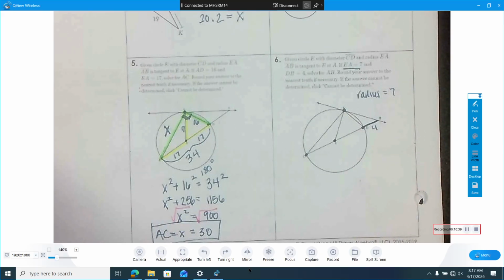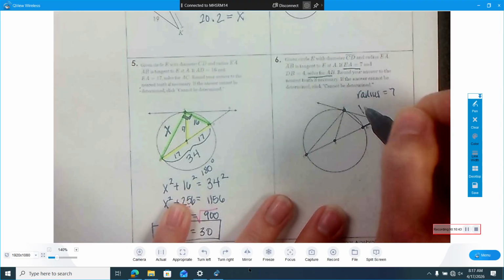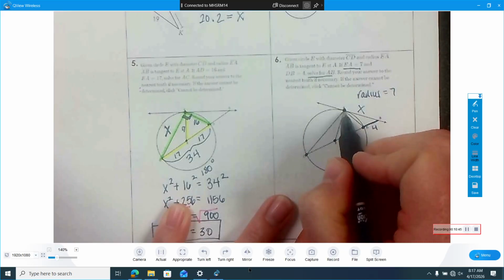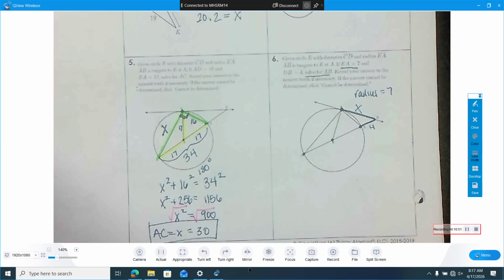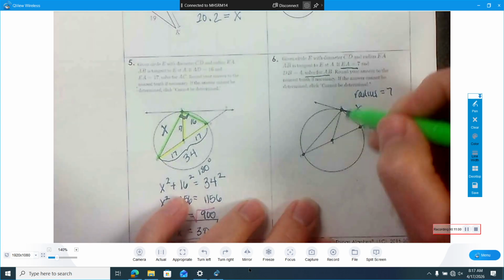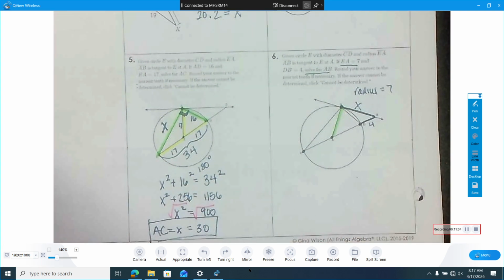Solve for AB. All right, so we're trying to solve for AB. We want this length right here, which is part of the tangent line. So we're looking for that little tangent portion. What do I know about a tangent and the radius that connects to it?